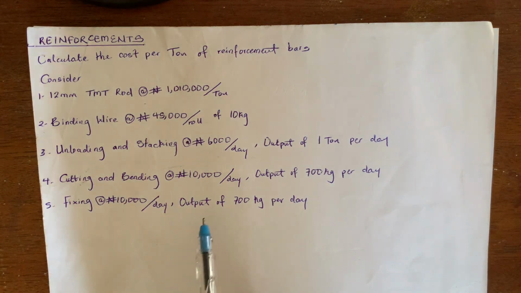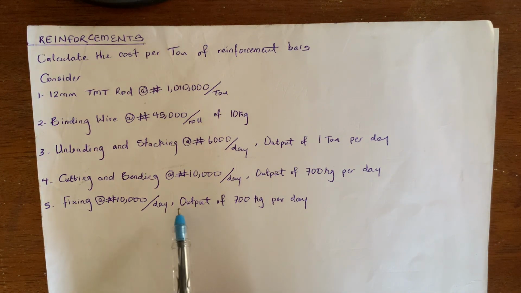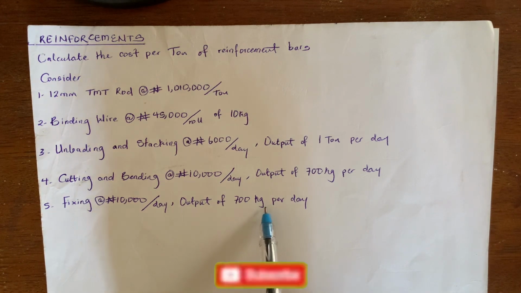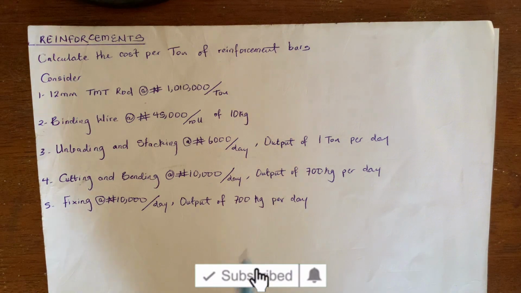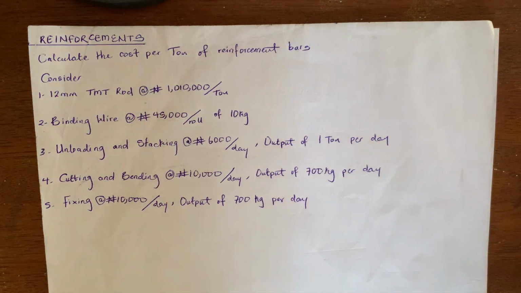We now need to determine the output for fixing per day. It says that per day the iron benders will be able to fix 700 kg of reinforcement every day. With this, we can now start our estimation.